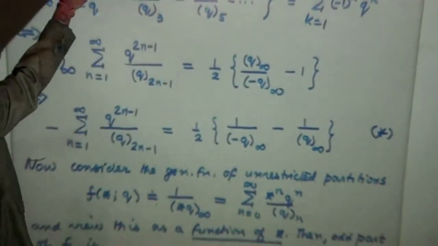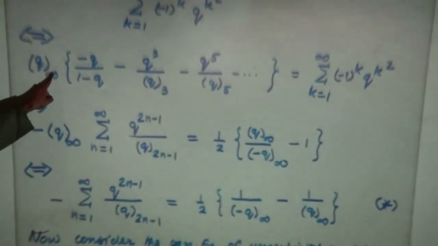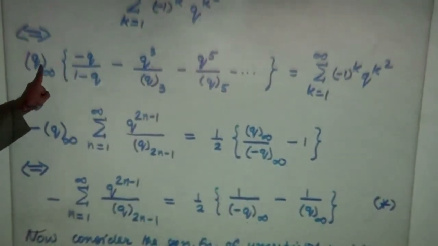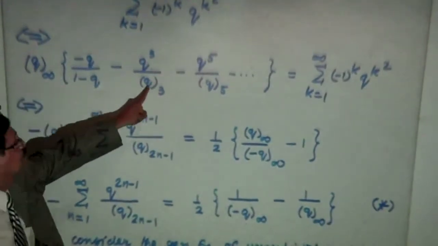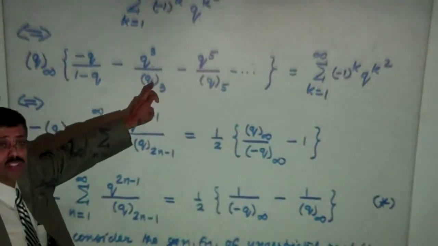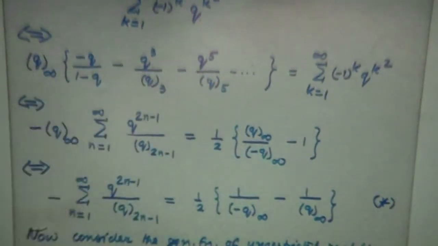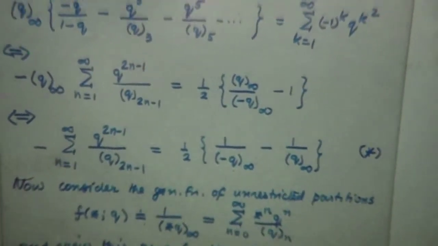I factor the full product out. This is the Euler pentagonal numbers theorem product. I factor that out. And when I factor that out, I have these finite products at the bottom: 1 minus q, 1 minus q squared, 1 minus q cubed, up to 5 and so on. And I want to show that that is equal to this series with the squares.